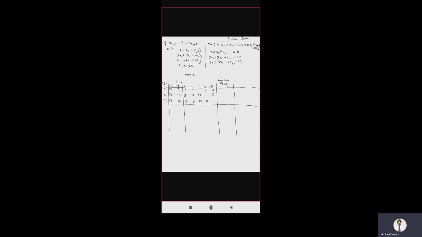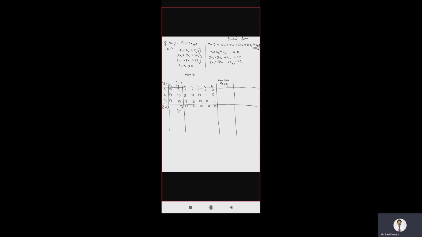Over here you can see s1, s2, s3. That is the reason why they are the only basic variables from the first step. Next, we calculate Z: 0 multiplied by 2 plus 0 multiplied by 10 plus 0 multiplied by 12 is 0. So Z is 0 at the first instance, right? Come to Zj again. Zj will be 0 because the coefficients are 0.